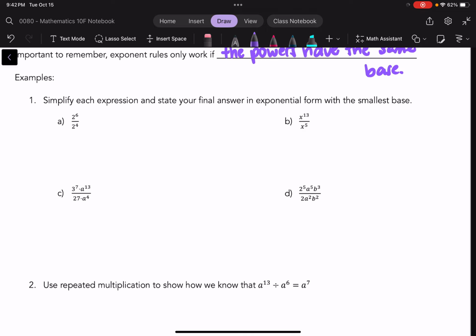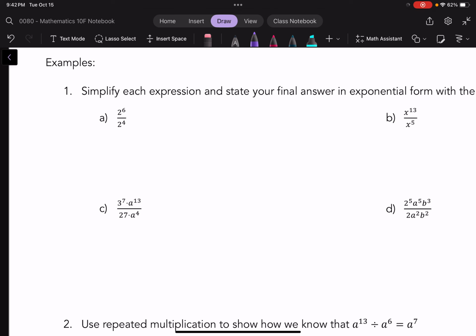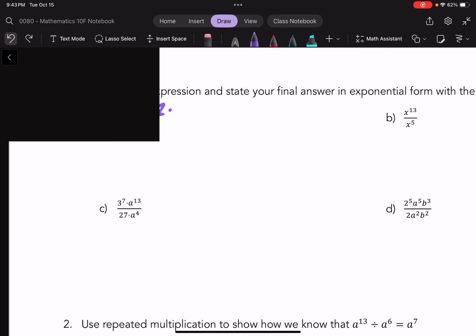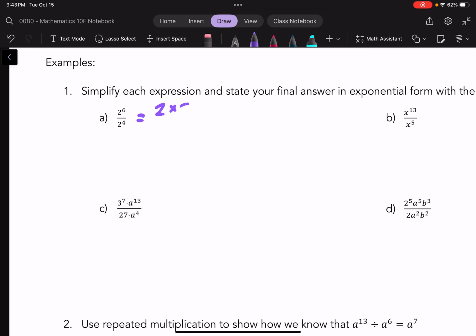Okay, for this first example, I am going to get us to write it as repeated multiplication, just so that we're all super clear on how that canceling out happens. So I am going to rewrite 2 to the power of 6 as 2 times 2 times 2 times 2 times 2 times 2. So 6 2's all multiplying together. Divided by 2 to the power of 4.